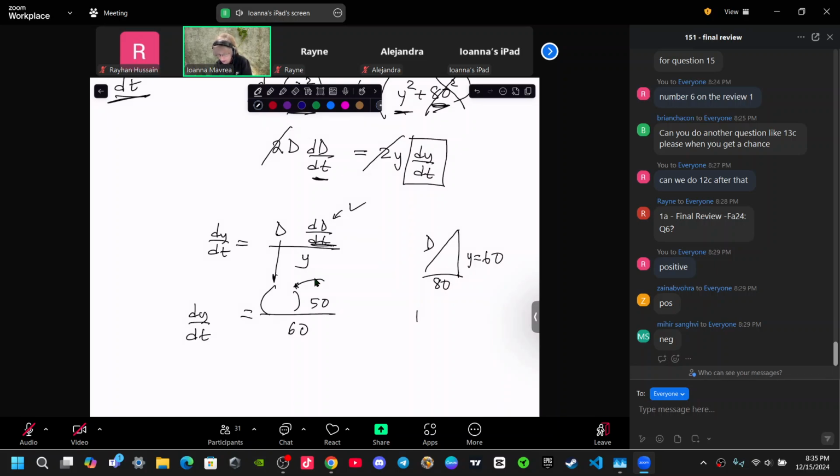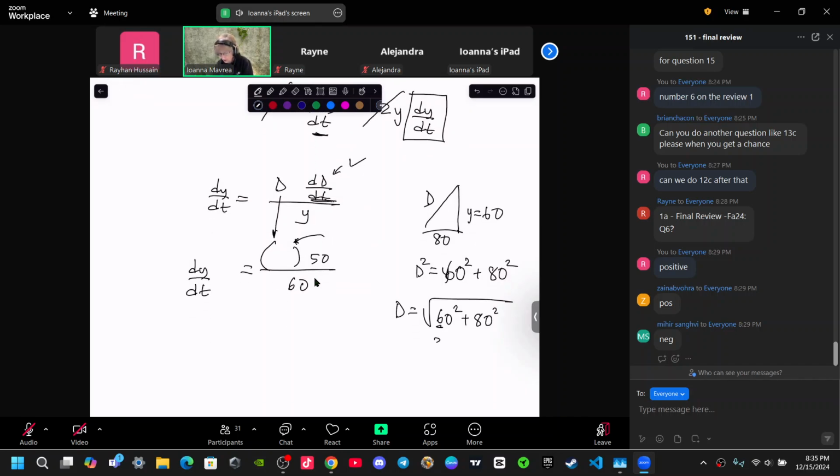So again, D squared is equal to y squared, which is 60, plus 80 squared. So D, clearly it's not going to be positive or negative. It's going to be positive because it's a distance, right? Positive root of 60 squared plus 80 squared. Does it simplify? Sure it does.